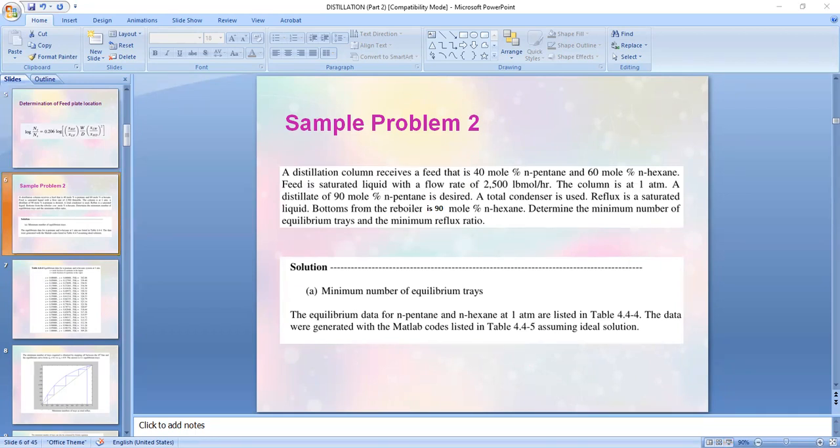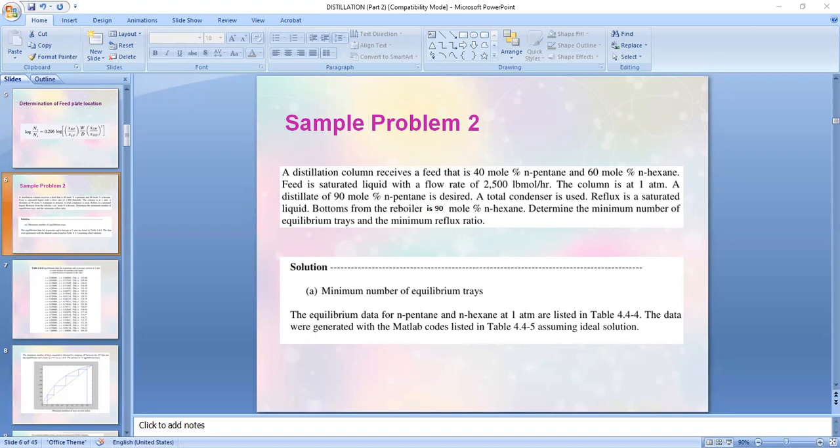So your system in here is pentane and hexane. You are given a feed of 40% pentane and 60% hexane. It is a saturated liquid with a flow rate of 2,500 pound-mole per hour. Your column is operating at 1 atmosphere. Your distillate has 90% pentane as desired.